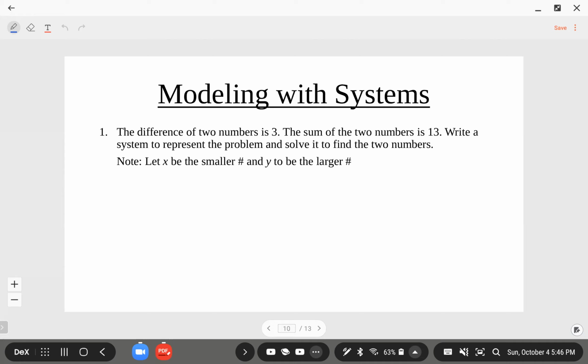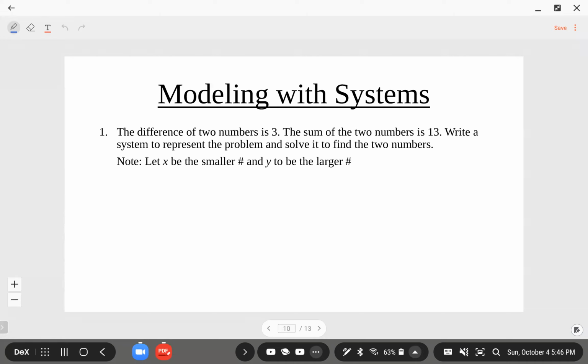Nobody's going to walk up to you and just give you a systems of equations problem to solve. Sometimes you might be calculating speed or volume in your future jobs. So you need to represent the problem.